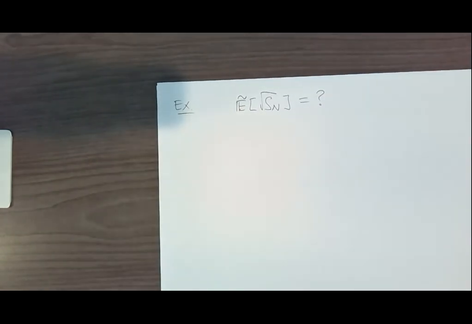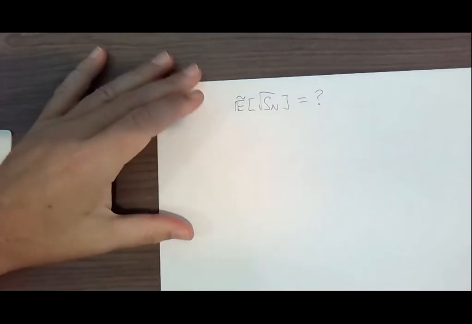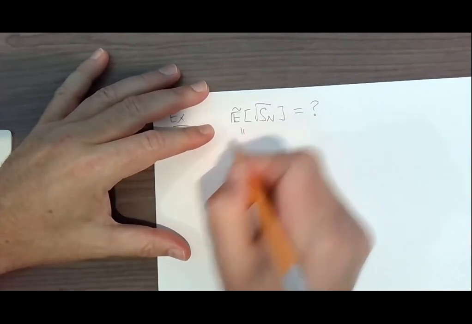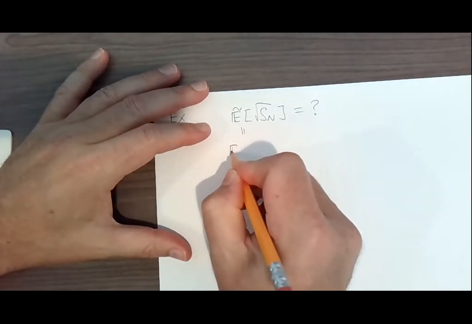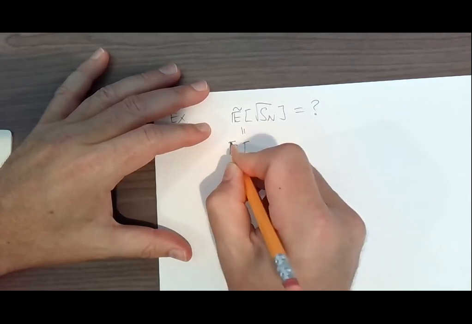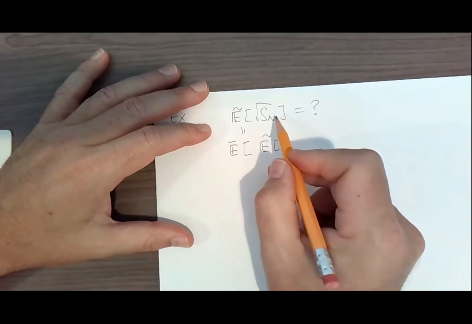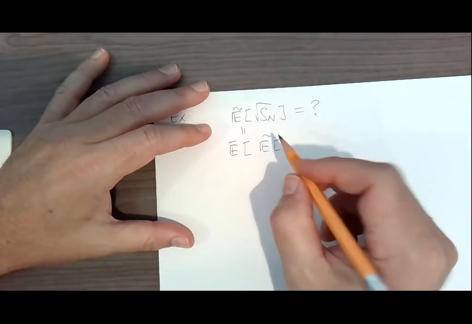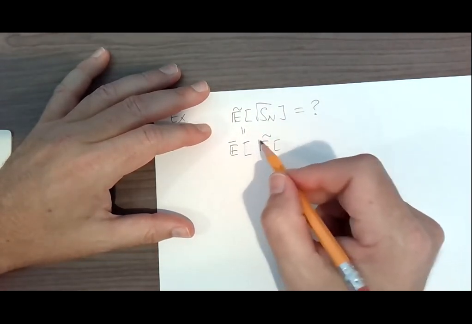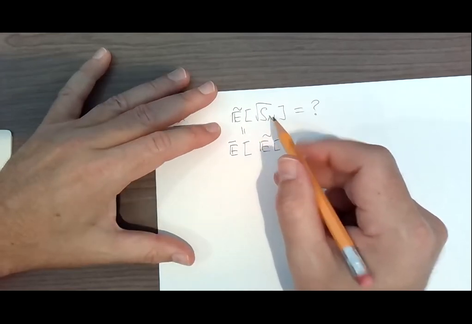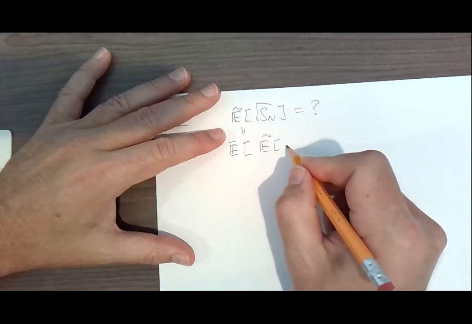So what we're doing here is we're going backward recursively. I can write this thing here as an expectation where I'm conditioning inside. I know that the conditional expectation has the property that if I take the expectation of it, I'm going to get the correct expectation. So I can write this here as the expectation of a conditional expectation.